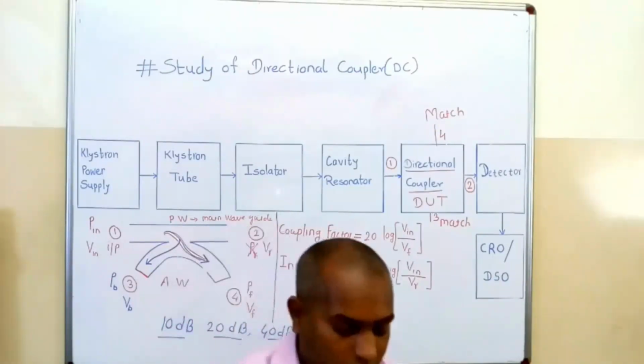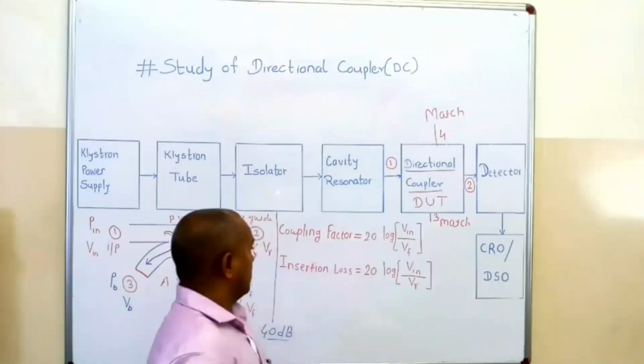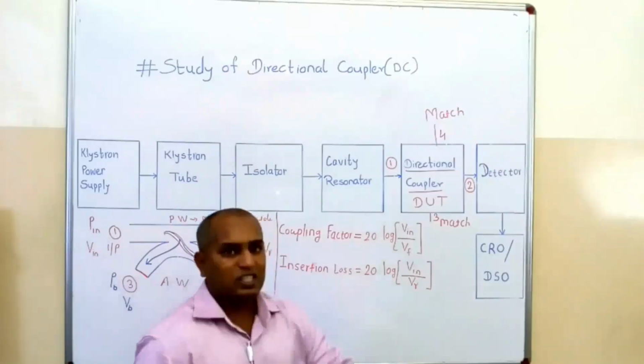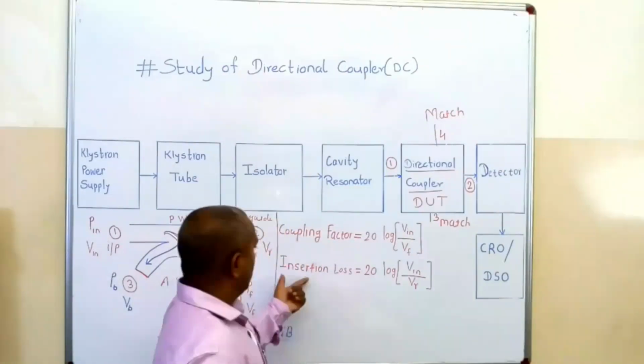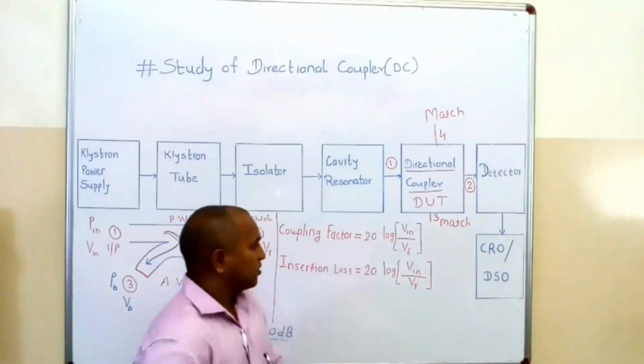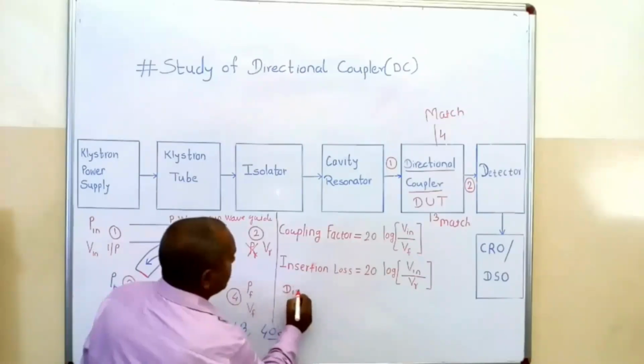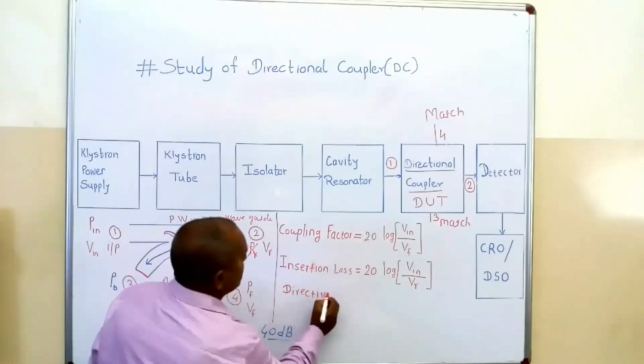So according to the directional coupler theory, our third parameter is the directivity.